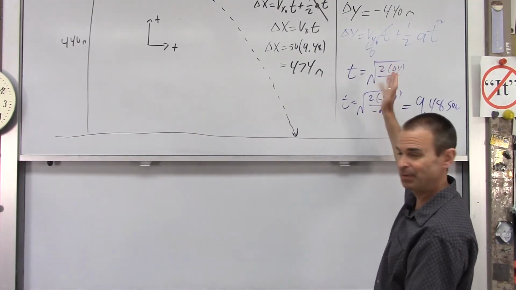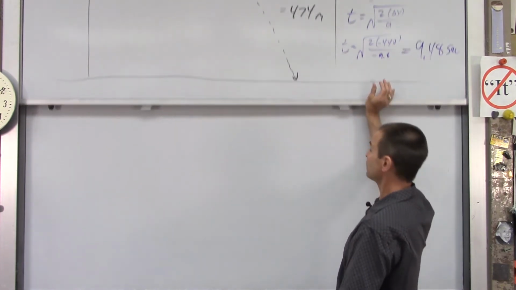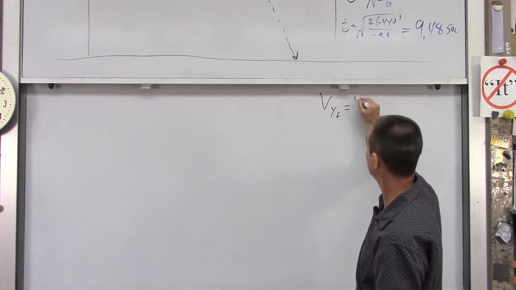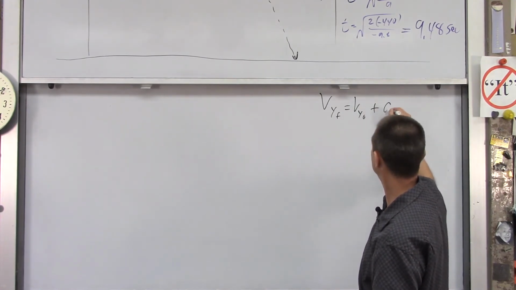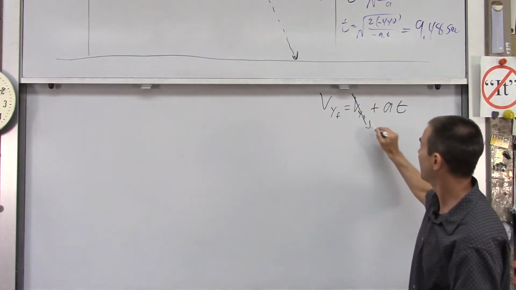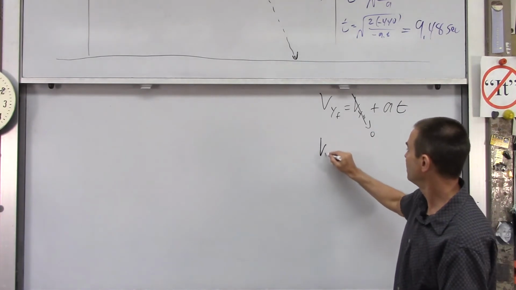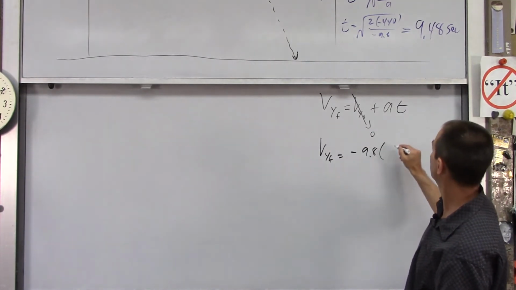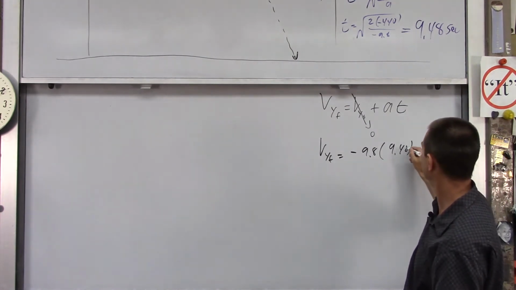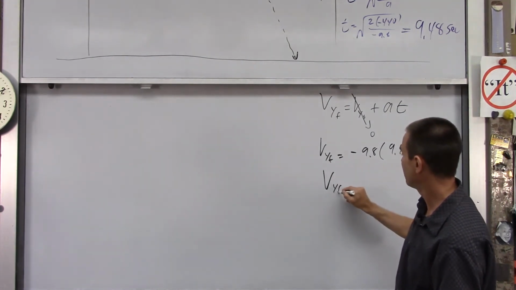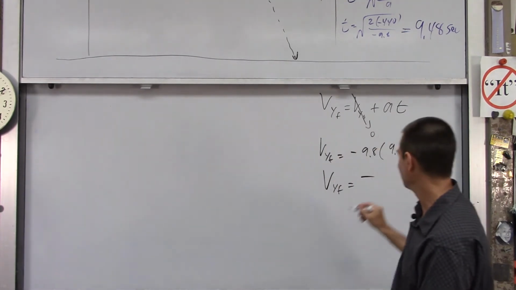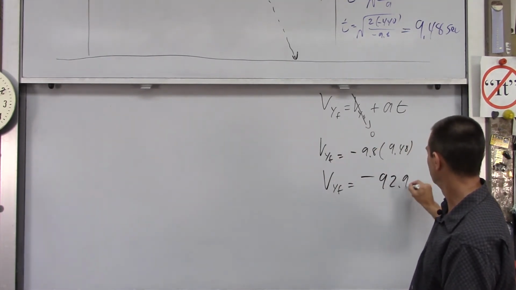Because we have time, it makes the problem really easy. The easiest way would be to say Vy final equals Vy naught plus at. Vy naught is 0. So Vy final equals negative 9.8 times our time of 9.48 seconds. And you get a Vy final of negative, I got 92.9 when I did this in my calculator, meters per second.